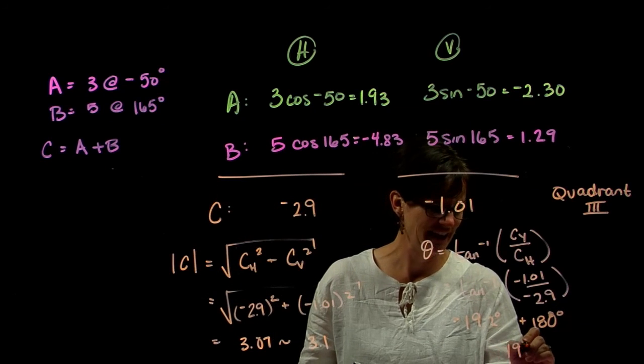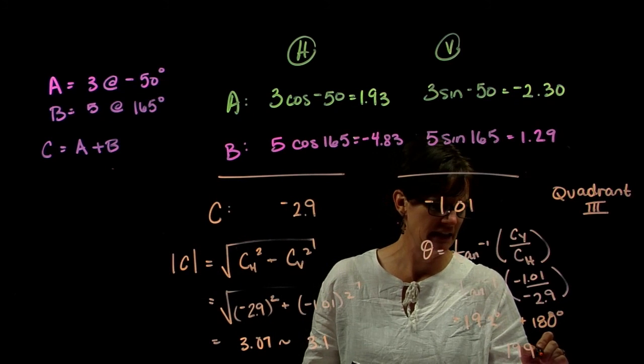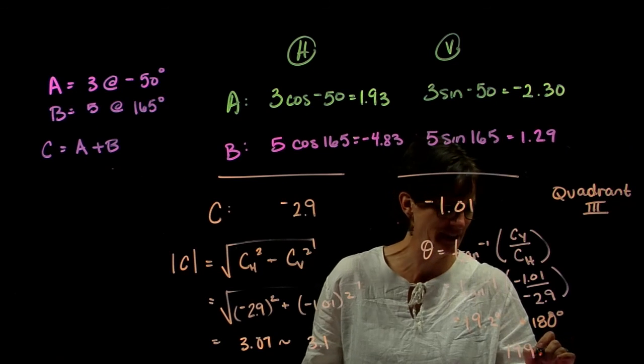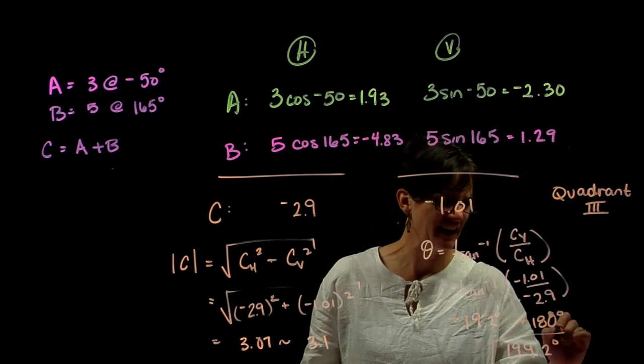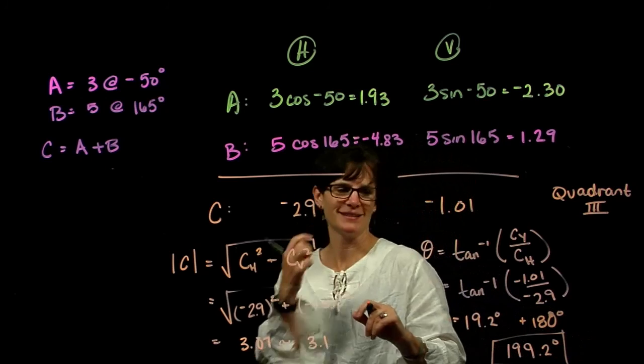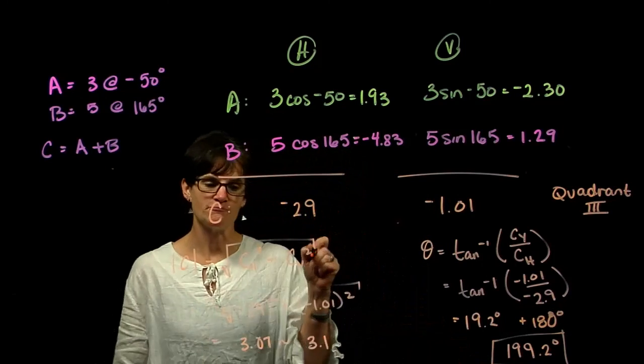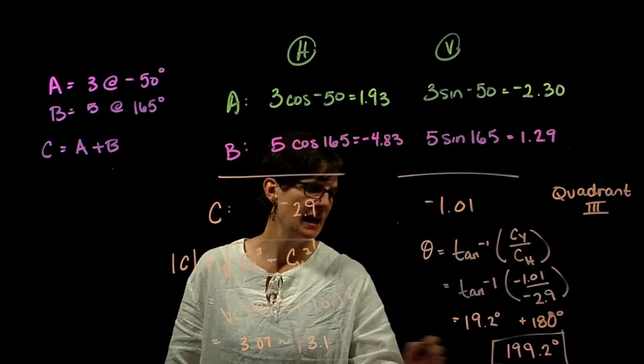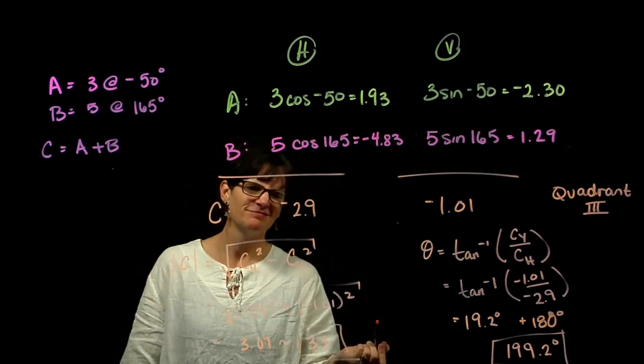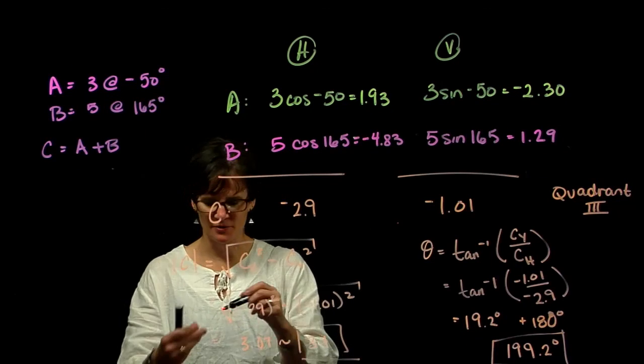I get 199.2 degrees. All right, so 180 plus 19 is 199. All right, so magnitude of 3.1 and an angle of 200 degrees. All right, good job.